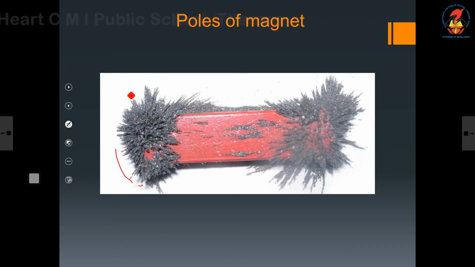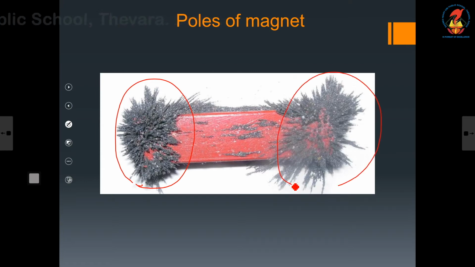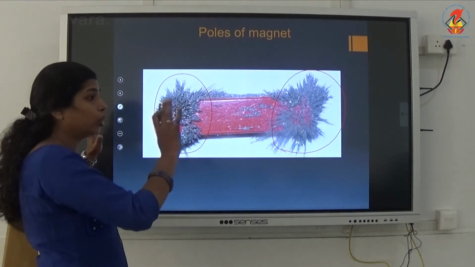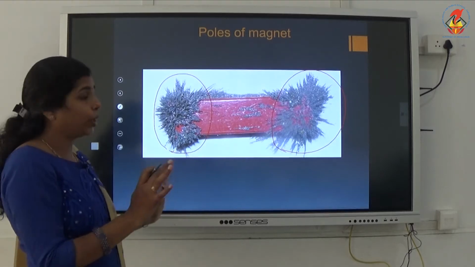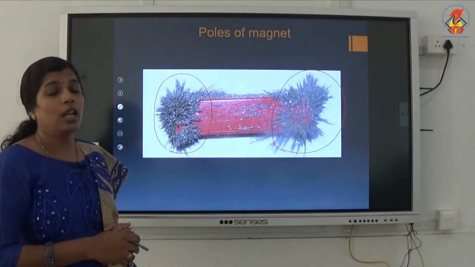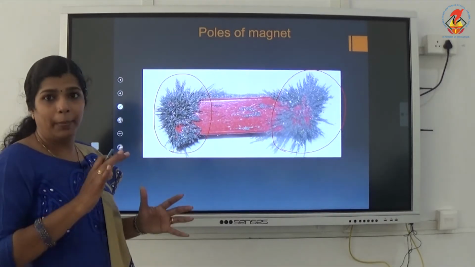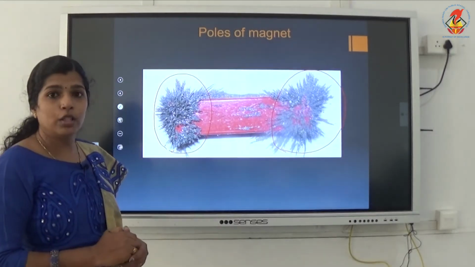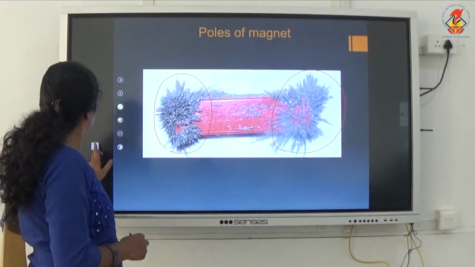The force of attraction will be maximum at these two points, at both ends. These two ends are known as the poles of the magnet.